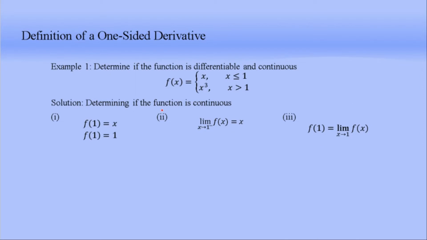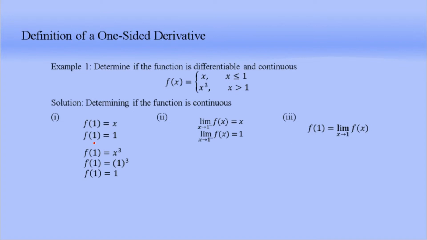First condition, we have x as 1, you can see it from there, in the condition for the first function. And then for the second function, we're going to substitute x with 1, as stated here in the condition, and so x cubed is 1.